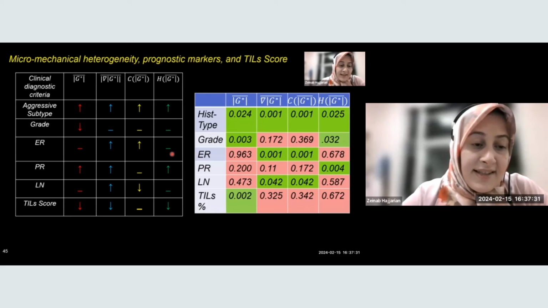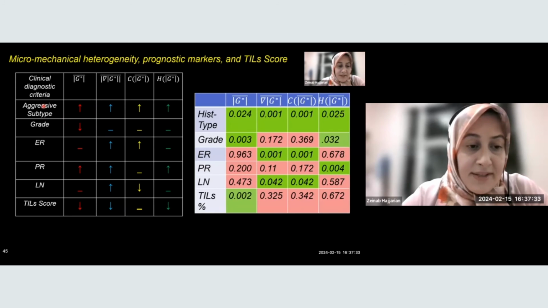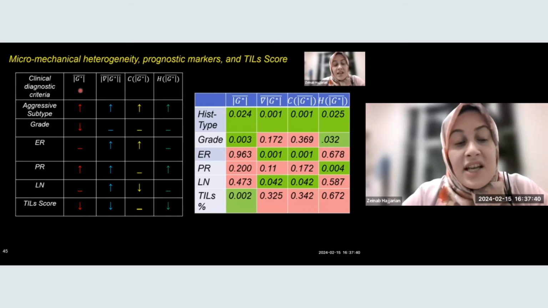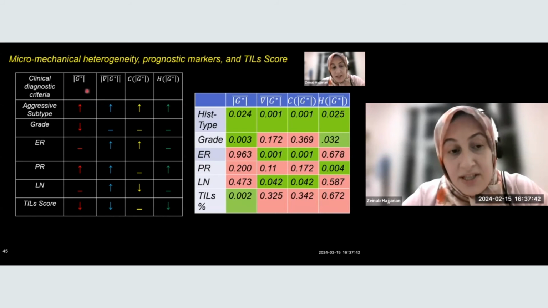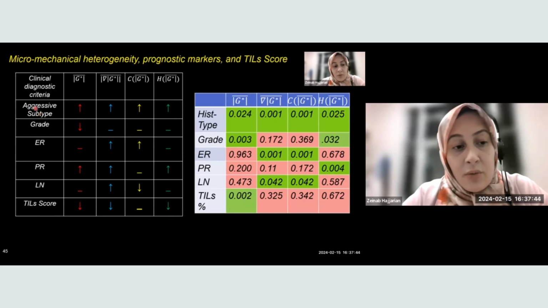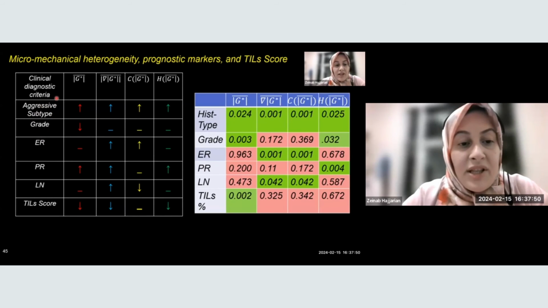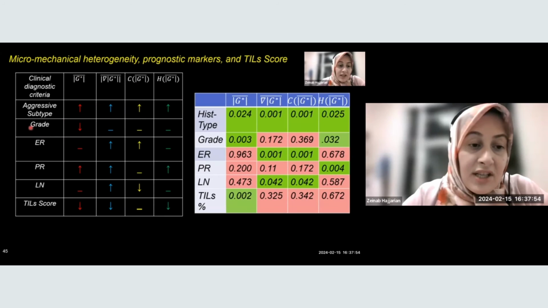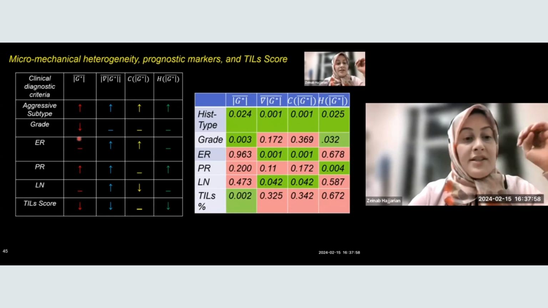So what we realized is that in aggressive subtypes, all of these heterogeneity indices and overall stiffness tend to increase. This is interesting because there are maybe different metrics of aggression, but it looks like there is a common denominator between all of them. The other aspect that we realized was that the tumor histopathological grade tends to decrease with the overall stiffness.